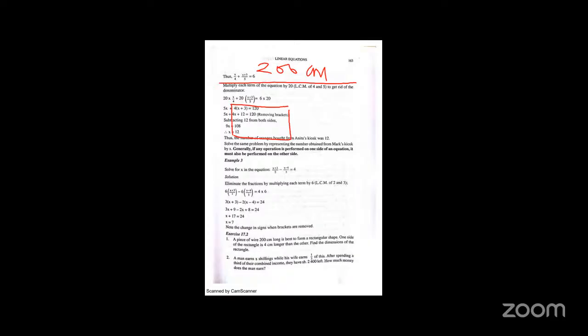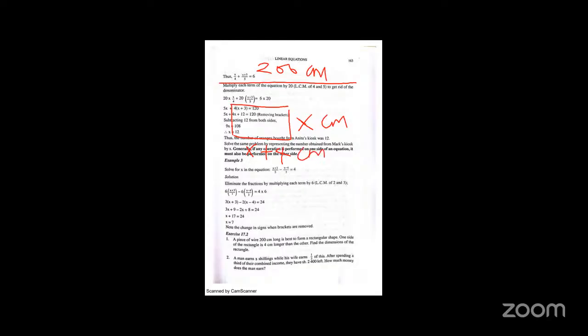One side of the rectangle is 4 centimeters longer than the other. So meaning that the length is the one which is longer than the other. So we'll have the width being equal to x centimeters, and then the length will be x plus 4 centimeters.